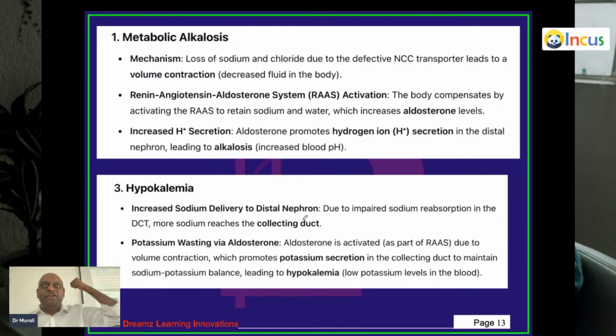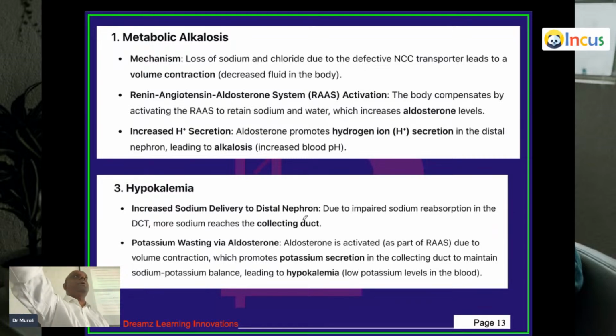NaCl is lost into urine. When NaCl is lost, it carries water with it. So water is also lost into urine.